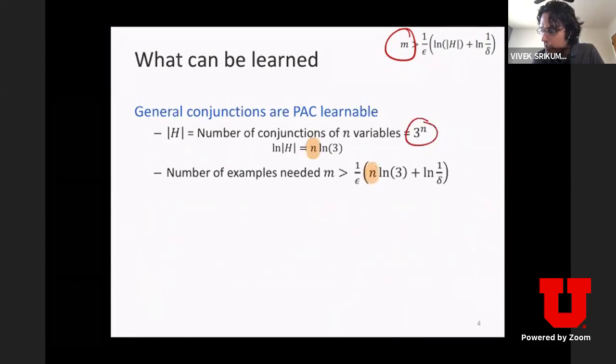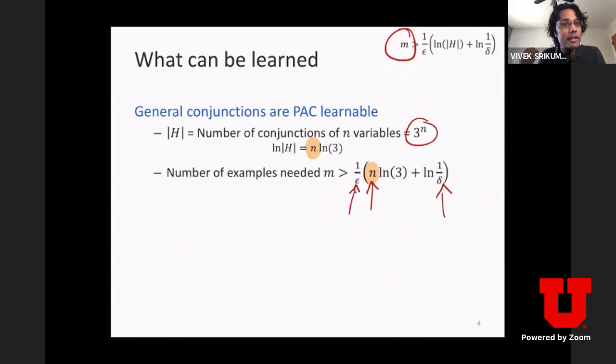Because it's linear in n, the sample complexity, the number of examples needed for this epsilon-delta guarantee, is linear in n. It is linear in 1 over epsilon. It's logarithmic in 1 over delta. So essentially, all of these are polynomial. This means that the number of examples needed is polynomial.